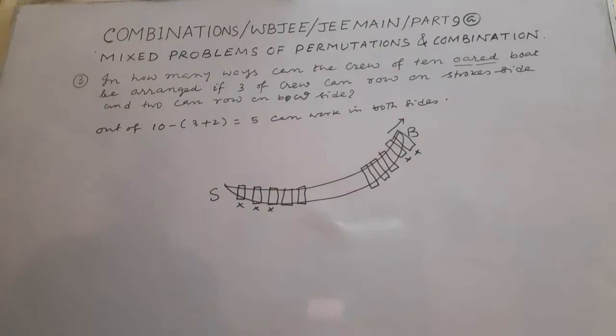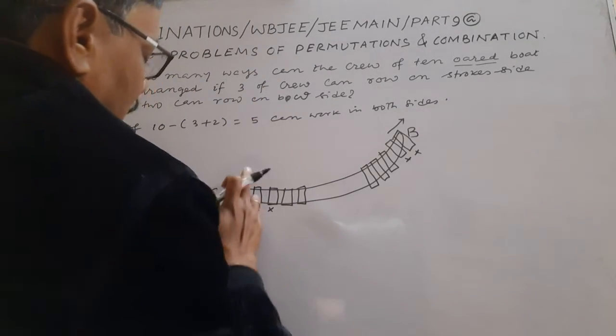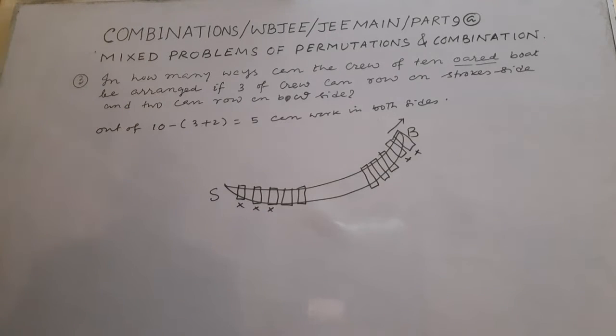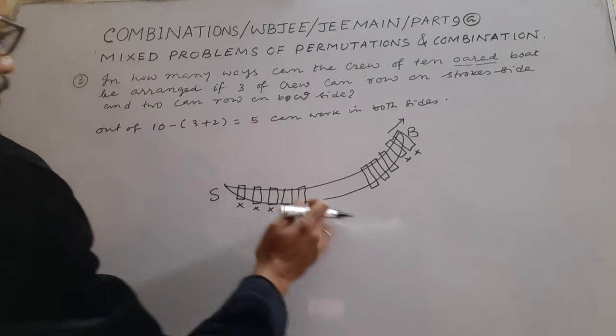Now in stroke side, 3 places are already filled up. So you have to fill 2.